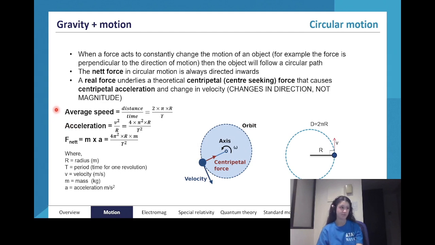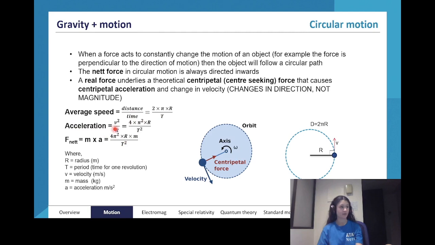The average speed of the object is given by distance over time. The distance is the circumference of the circle we're considering, which is 2 pi r, divided by time.